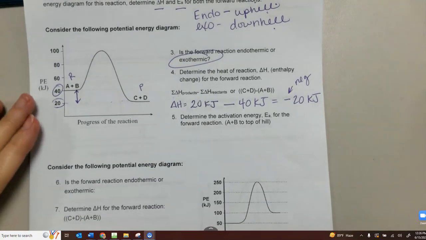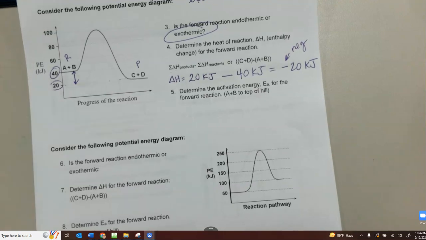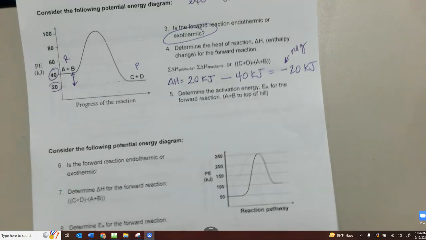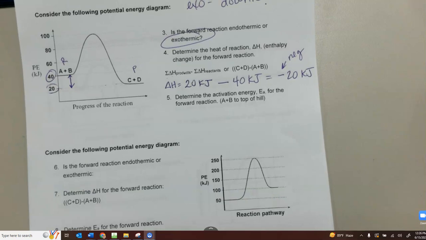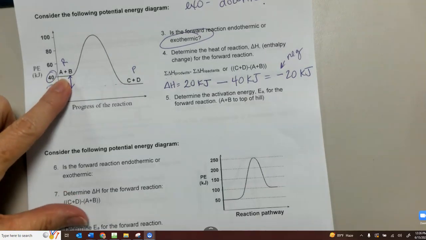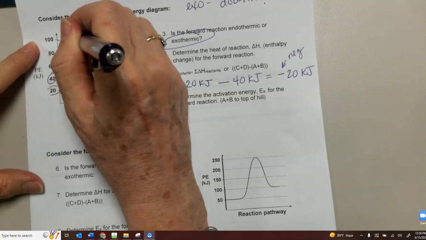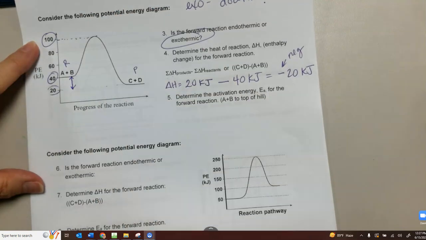Okay, the other thing you're going to calculate on these is the activation energy. Okay, how much heat do I need to add to this reaction to make it go forward? So what we do is we take the energy of the reactants, A and B, and the energy at the top of the hill. So that's at 100.